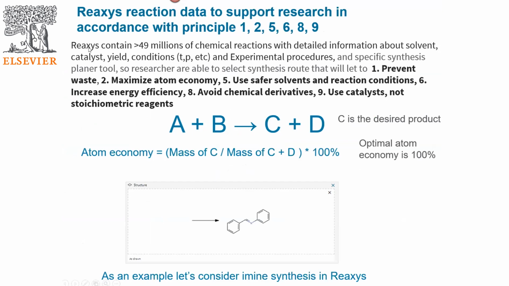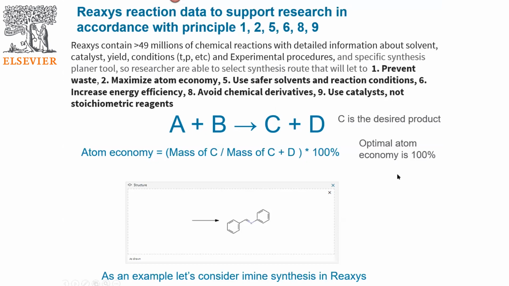As you may know already, Reaxys contains 49 million chemical reactions with detailed information about solvent, yield, catalyst, conditions, etc. So all this information can help you to prevent formation of waste, maximize atom economy, use safer solvents and reactions, increase energy efficiency, avoid chemical derivatives, and use chemical catalysts, not stoichiometric reagents.